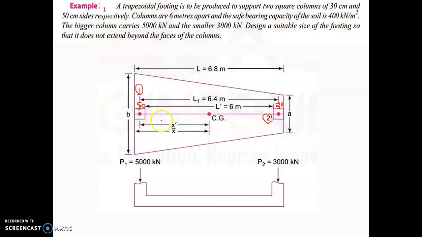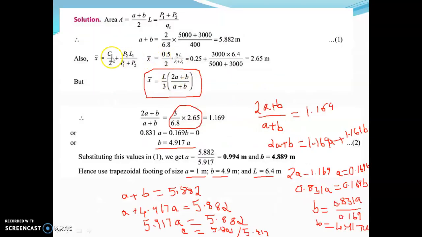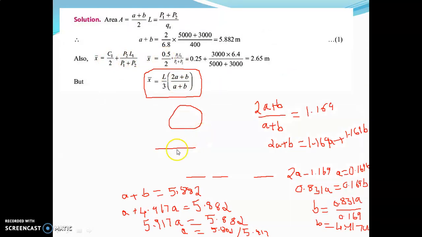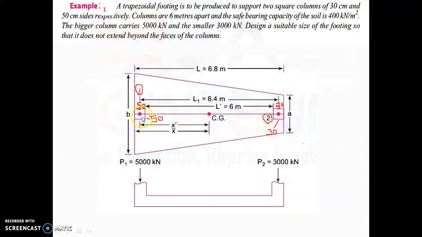There is no change in the calculation, only I have changed this: this is 50 centimeter and this is 30 centimeter. Because I have used here in X bar, C1 is equal to 0.5, that is 50 centimeter. So that's why I changed 30 to 50 here and 50 to 30 here.